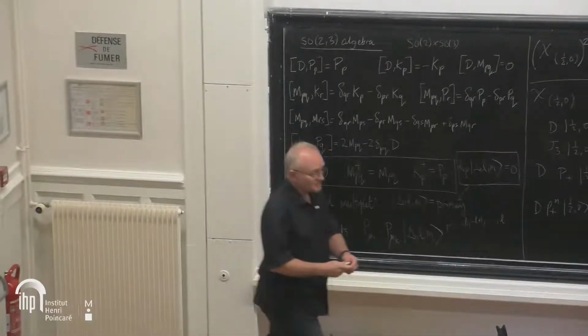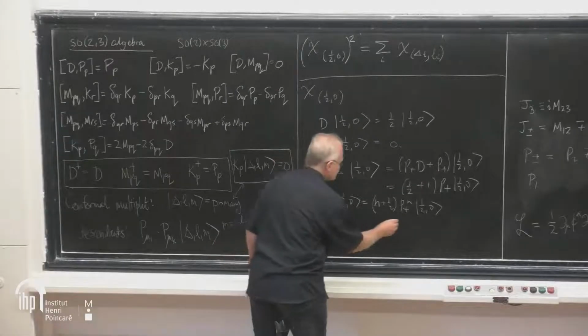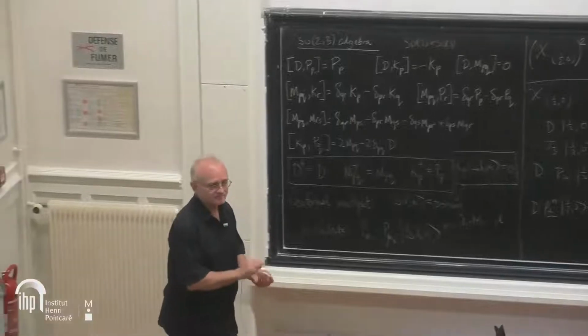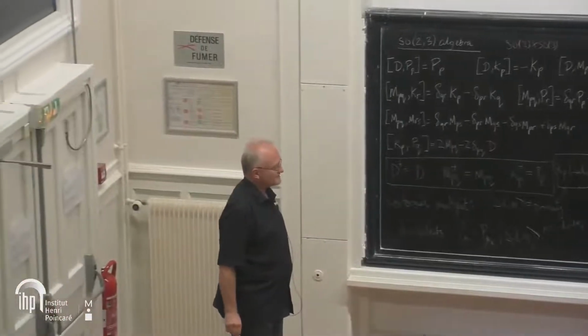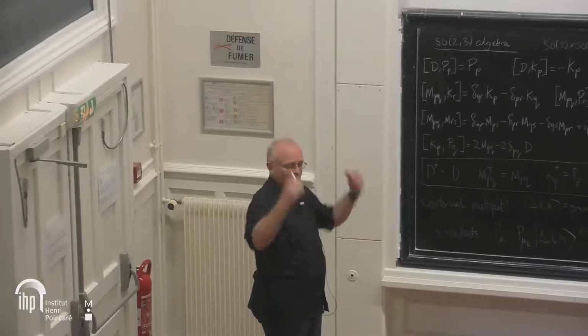If you had P minus, well, you can check that you would get exactly the same answer. So P plus, P minus, and P1 just keep raising the dimension by 1.